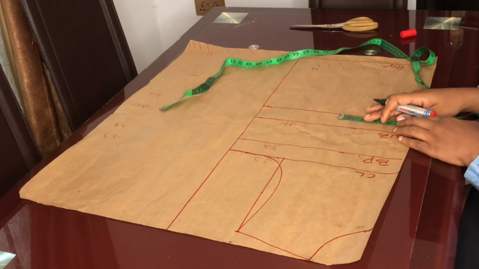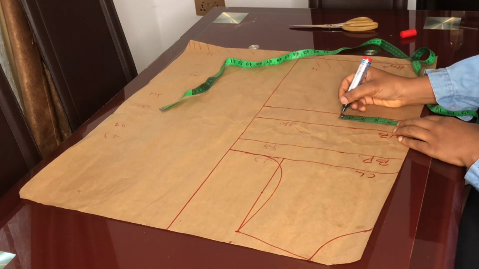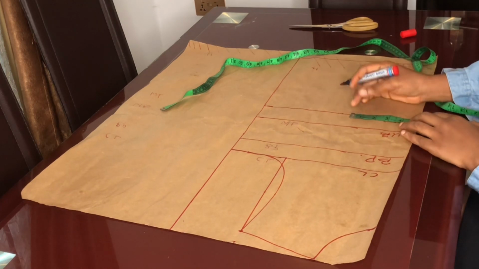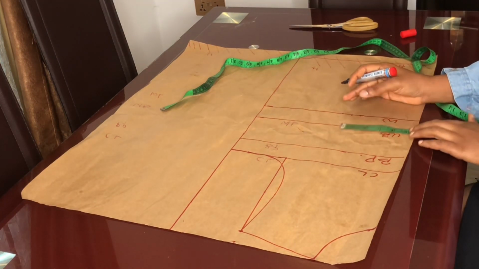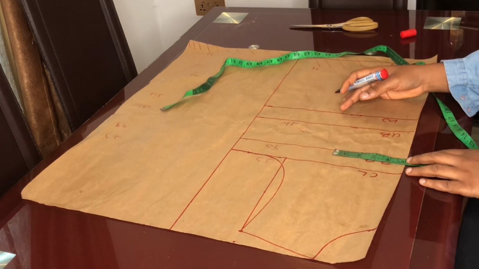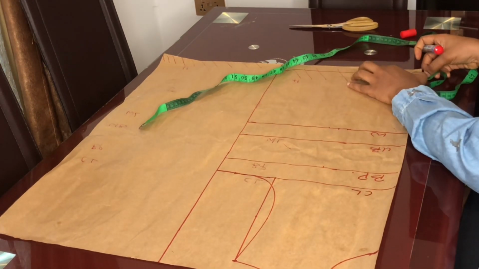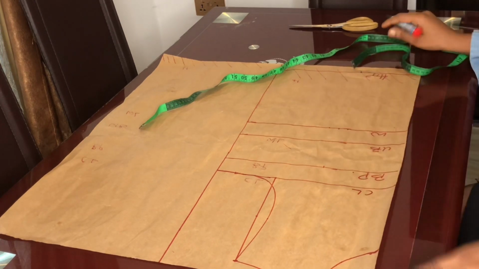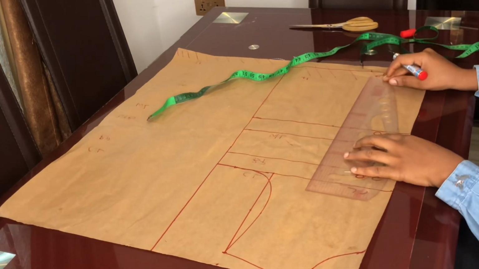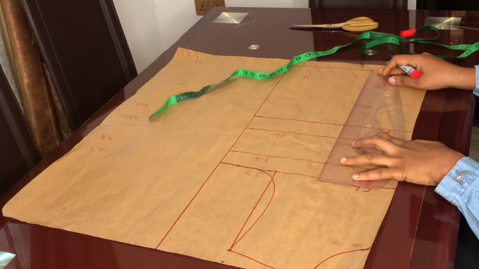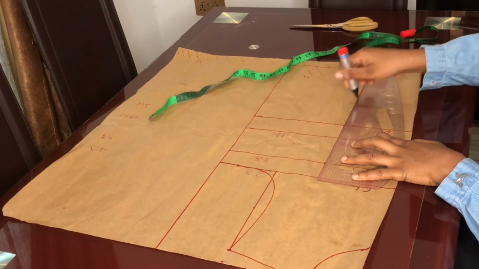My waistline from my center front, I'll come in by half of my nipple to nipple measurement, and I'll mark that same, whatever I have, on my bust point, and I'll also mark it on my hip. And to whatever your nipple to nipple measurement is, please add half of an inch to that.